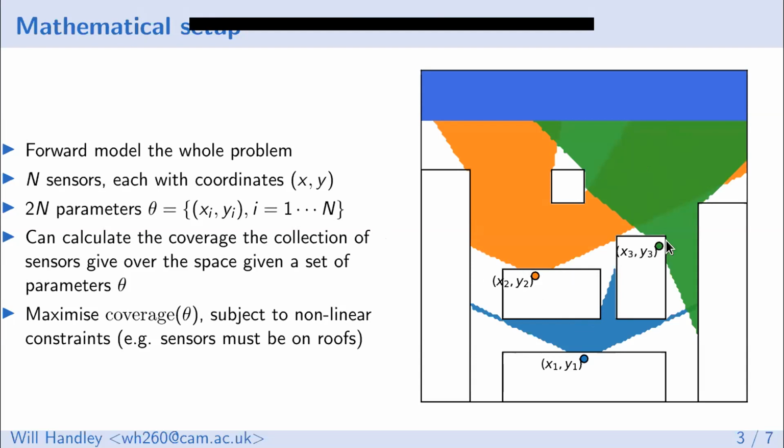In general, this problem as stated could be viewed as a 2n-dimensional optimization problem, where n is the number of sensors, and you have two coordinates for each.